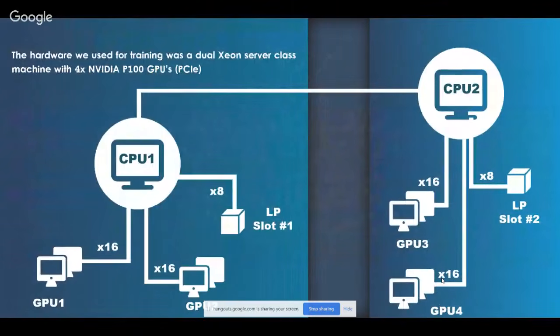And for the architecture, we used 4 P100 GPUs, and it was a very big data set, and using multi-GPU training helped us out a lot. So I will conclude here.